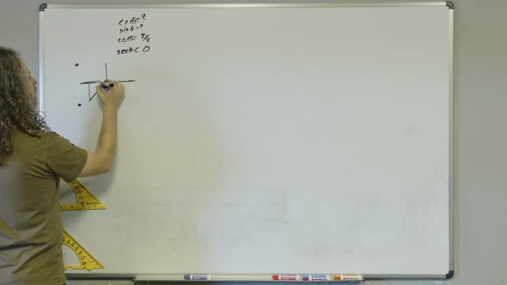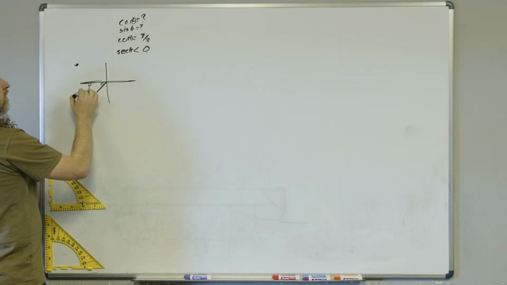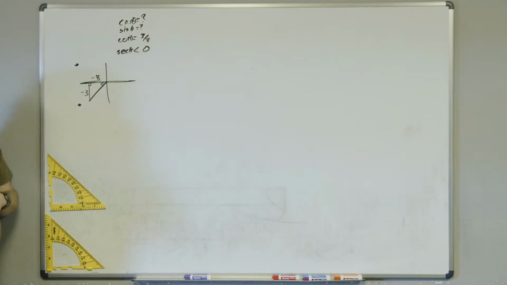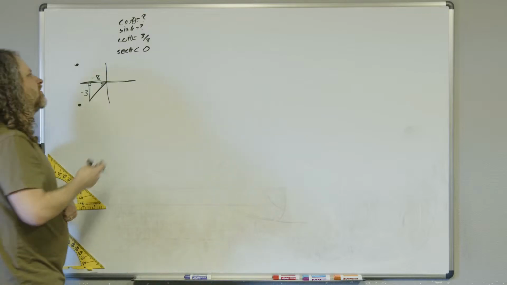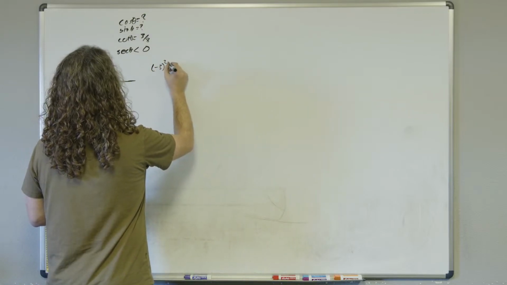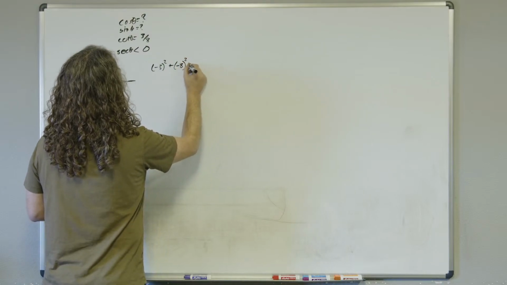So negative 3 and negative 8. Now we have to find our hypotenuse. Negative 3 squared plus negative 8 squared equals r squared. It's always going to turn out positive. We don't really care about the negatives at this very moment; we will again in a minute.